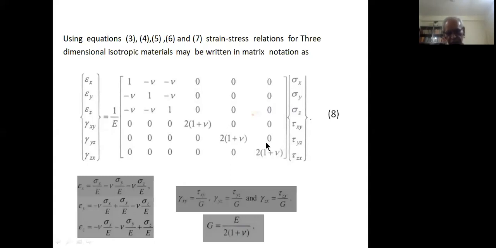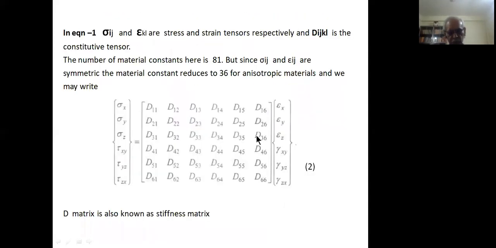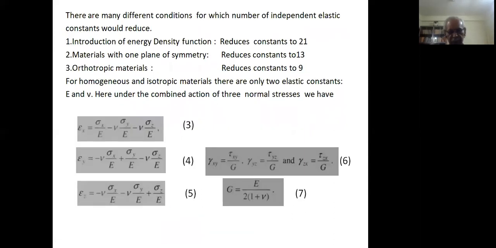No other shear strain effect is there, only the tau yz effect, so 2(1 plus nu). In the same way, gamma zx, everything is 0 except the tau zx term, which will be 2(1 plus nu).